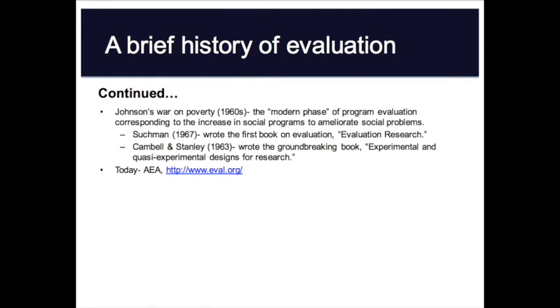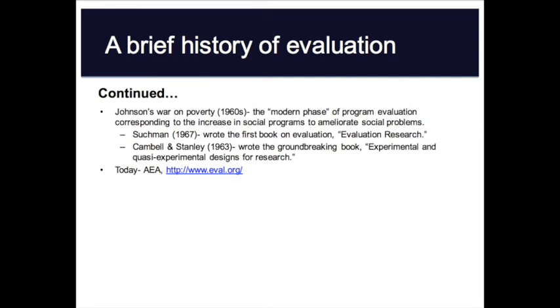Now, in the 1960s, there was Johnson's War on Poverty, and this is considered the, quote, modern phase of program evaluation because it corresponded to this increased investment in social programs to ameliorate social problems. And therefore, shortly after, you had a real need for evaluation of the programs.